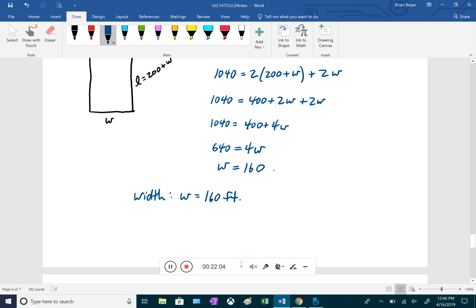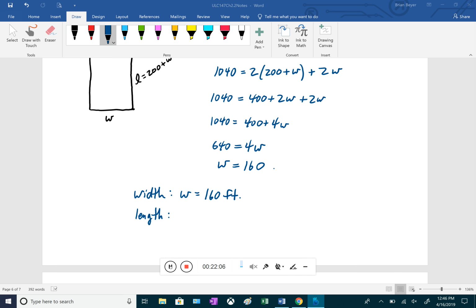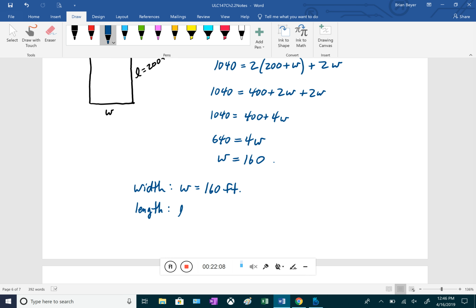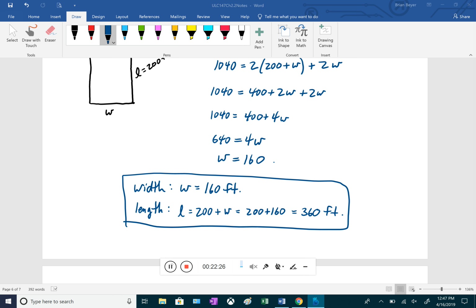And for the length, we know the length is 200 feet more than the width. So that's 200 plus 160, so that's going to be a length of 360 feet. So it's a width of 160 feet and a length of 360 feet.